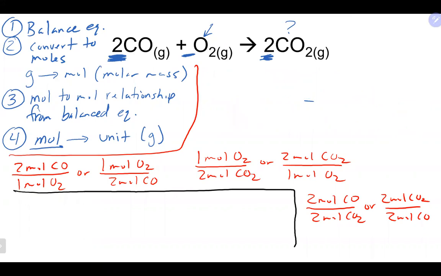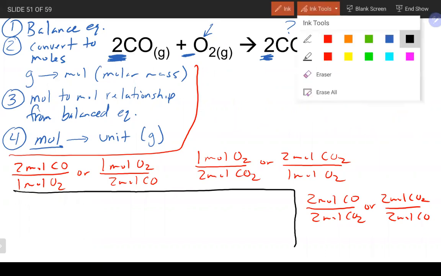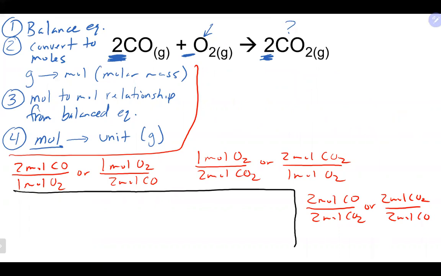All right, so let's say that we started with 25 grams of O2, and we want to know how many grams of CO2 we would actually produce. So we're going to dump into this reaction 25 grams of O2, and we want to see basically how many grams of the CO2 we should produce.